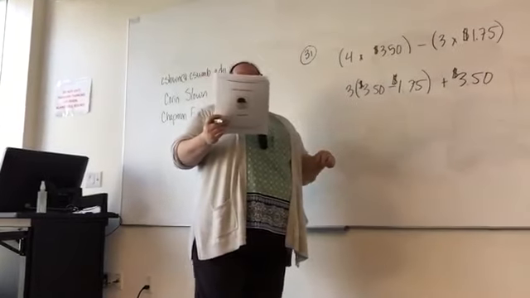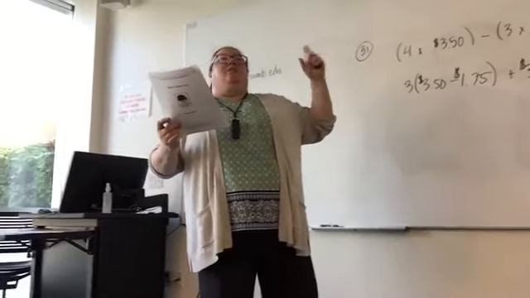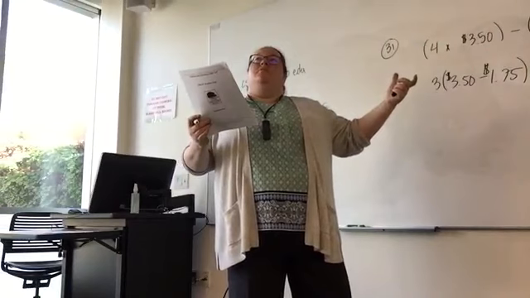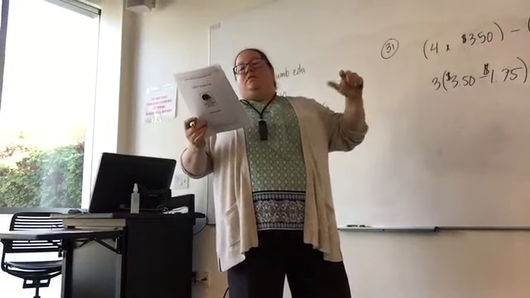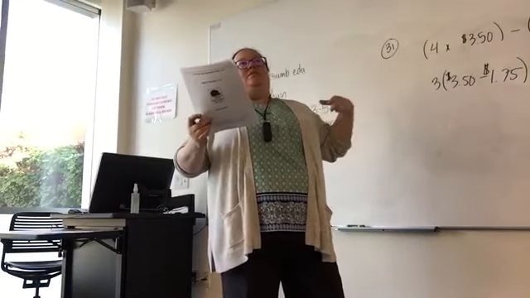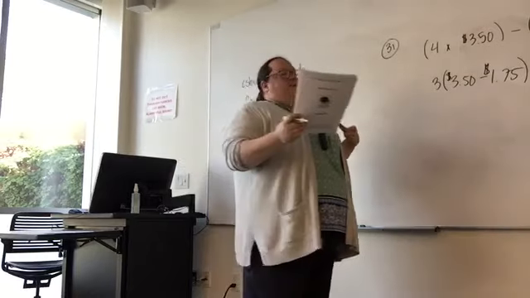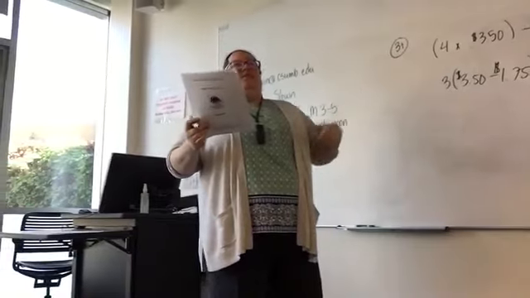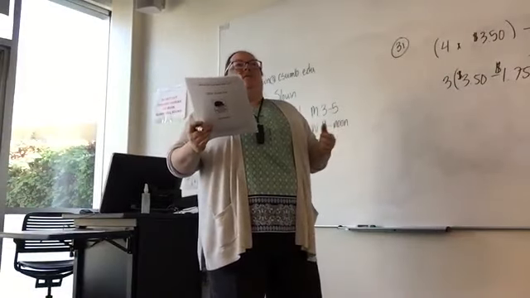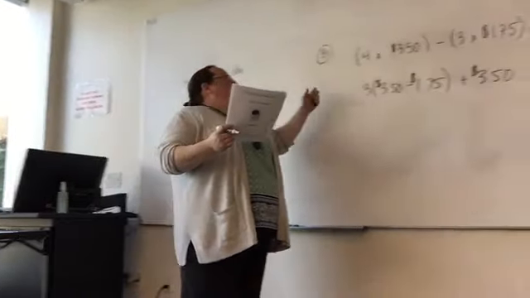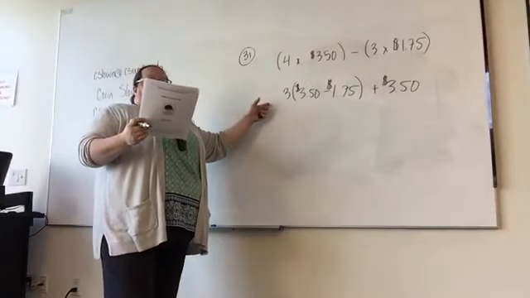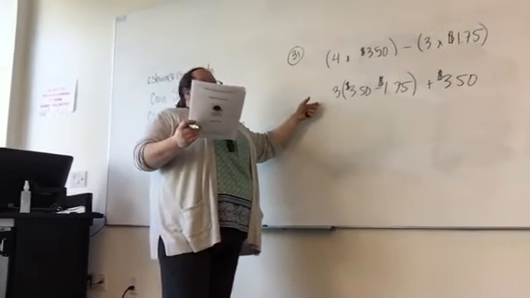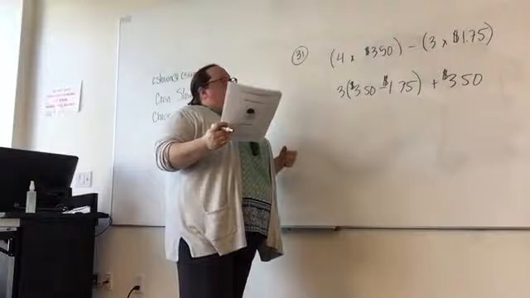D doesn't work because in this case, you need to relate the number of notebooks to the cost of the notebooks. So multiplying the numbers by each other isn't going to help you solve that problem. And E has the same dilemma. So essentially 12 notebooks minus the cost isn't going to get you to the information that you need. So this is the only answer, B, that is an equivalent expression to the expression for 31.